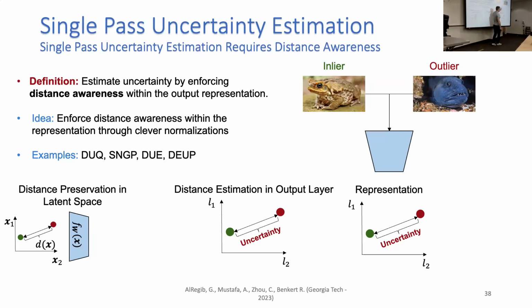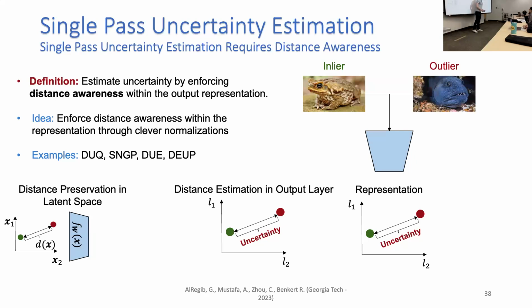They train a neural network, and they apply some kind of constraint during training that typically results in distance preservation. And the output layer of this neural network is typically associated with a non-deep learning algorithm that measures the distance with respect to the in-distribution data, which really gives us the uncertainty estimation over here.